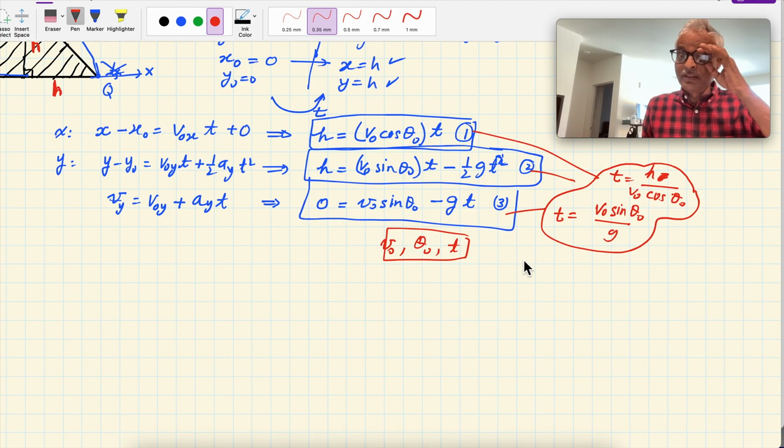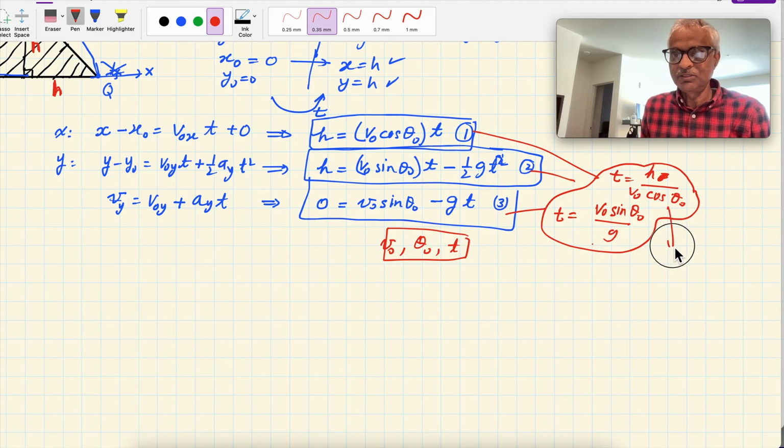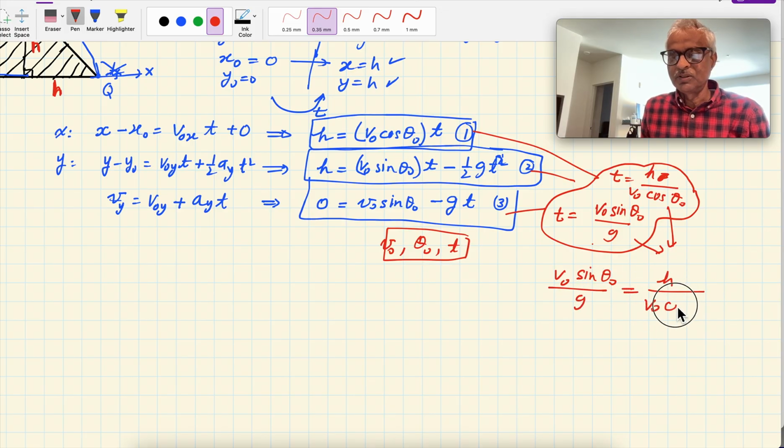The other equation is quadratic, so I don't want to solve for t. So making these equal, V0 sine theta 0 over g equals h over V0 cosine theta 0, and bringing it over that side, I get h equals V0 squared sine theta 0 cosine theta 0 over g.